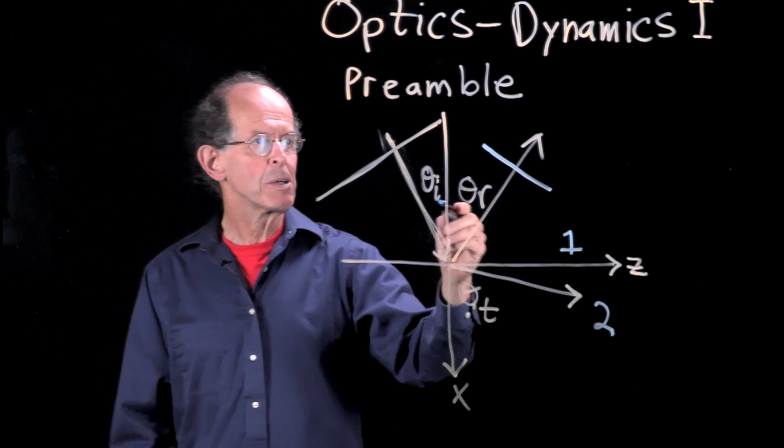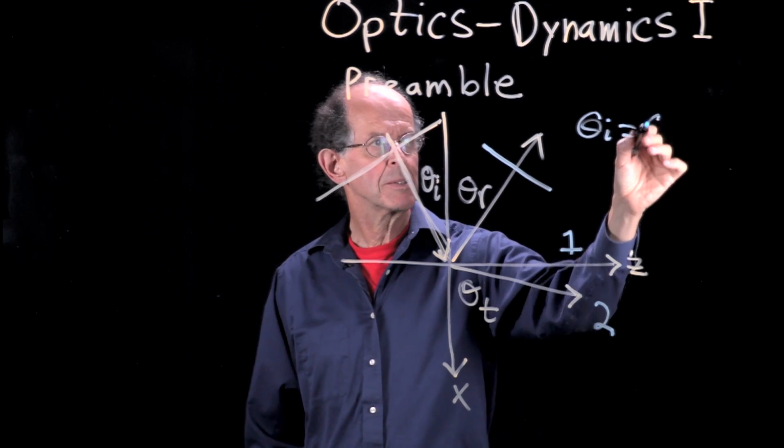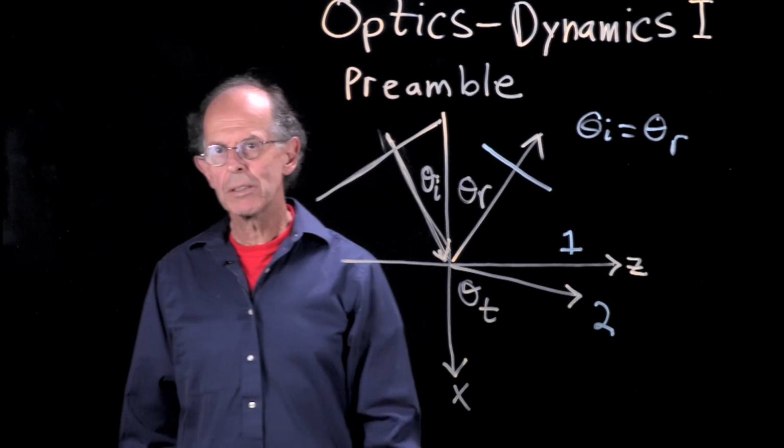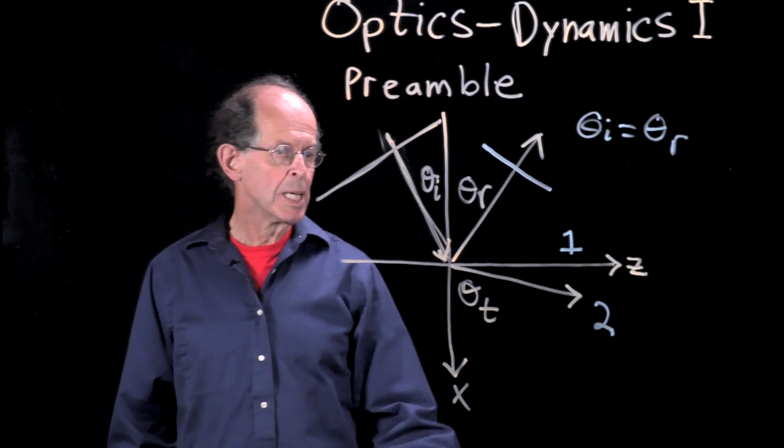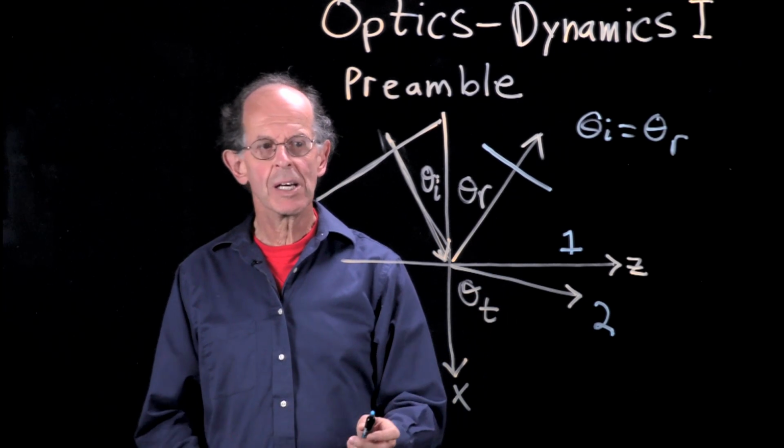And we know from the previous kinematic studies that theta I equals theta R, billiard ball reflection. And we know what theta T is from Snell's law.